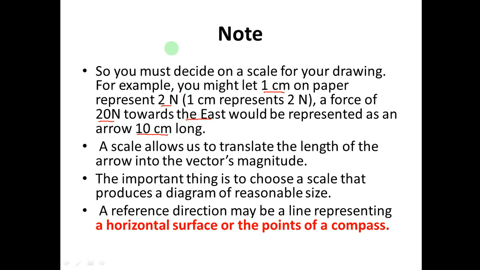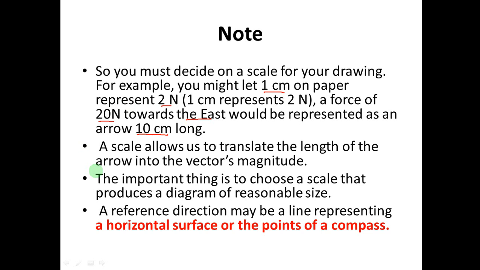An arrow of 1 centimeter may represent 2 Newton. In this fashion, you can represent a vector on a paper, or geometrically. When you draw a vector, you must not forget the scale.